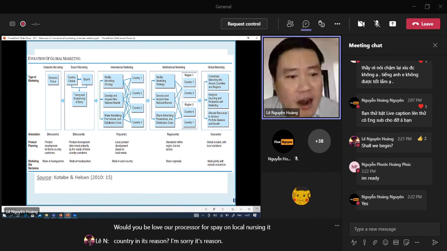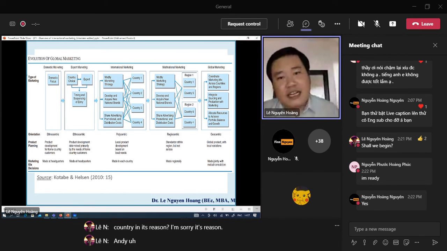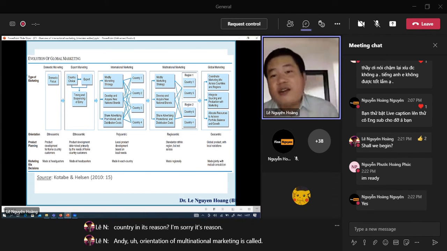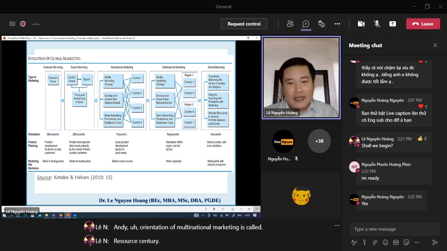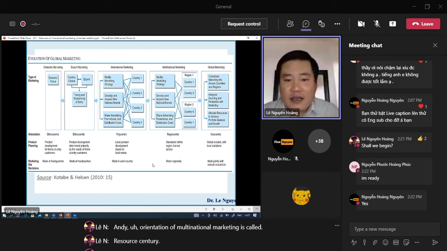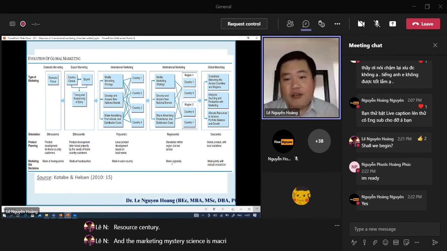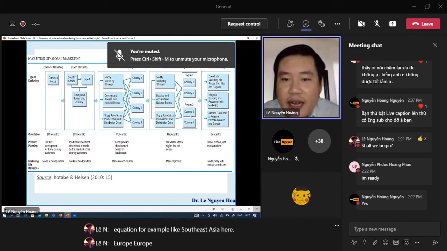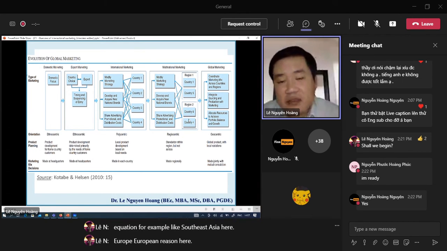And the orientation of multinational marketing is called resource-centric. And the marketing mix decisions are made regionally in each region. For example, Southeast Asia here, the European region here, Africa, another region.